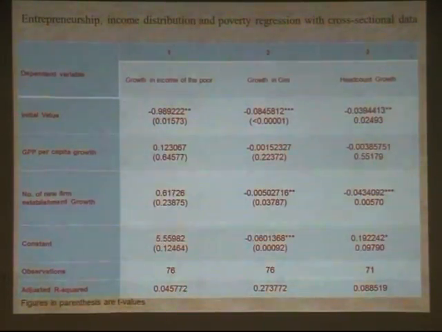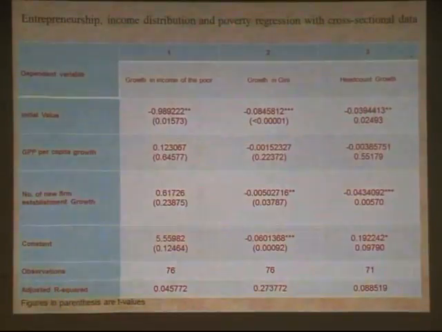But the number of new firm establishment has a significant effect on income distribution in the second column, or on growth in Gini, but it is a negative effect. It means that when the number of new firms increases, the Gini coefficient decreases, meaning good distribution of income when new establishments increase.